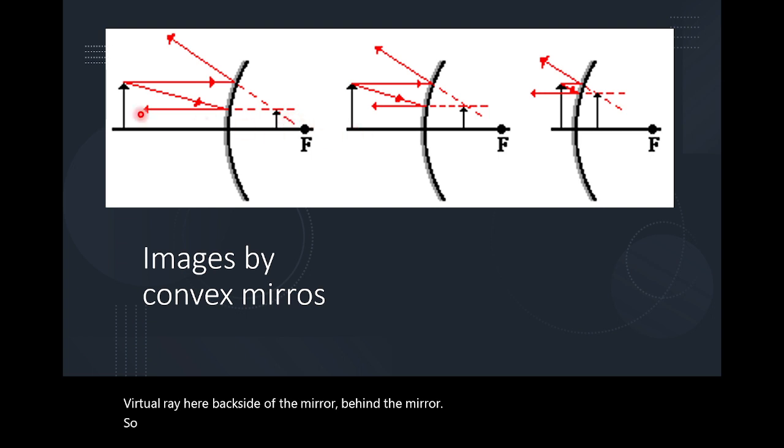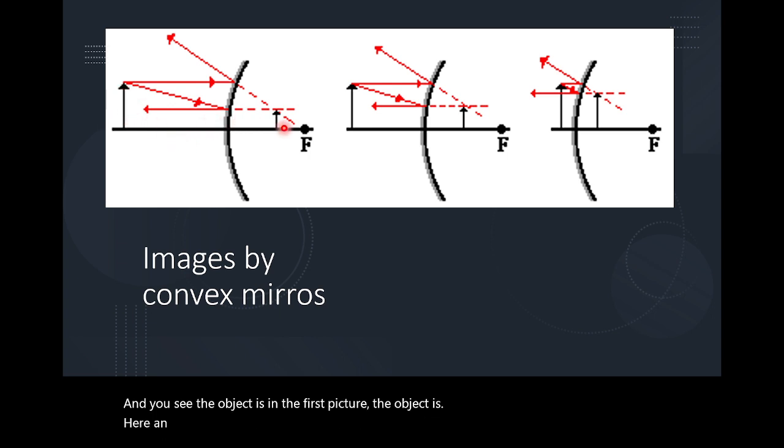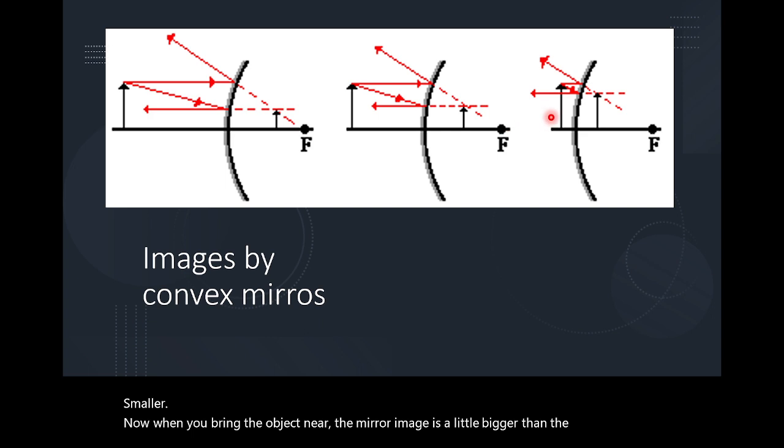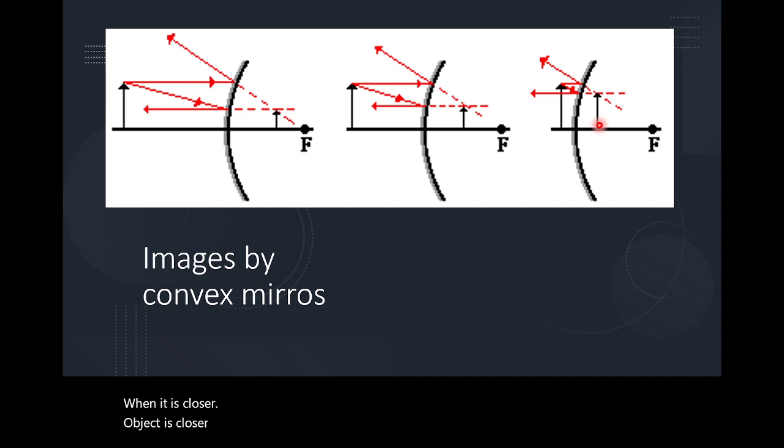You see in the first picture, the object is here, and image is formed here, smaller. Now when you bring the object near the mirror, image is a little bigger than the previous. When the object is closer, image is bigger again. That's why, wherever the object comes closer to the mirror in case of convex mirror, image is slightly bigger and bigger.